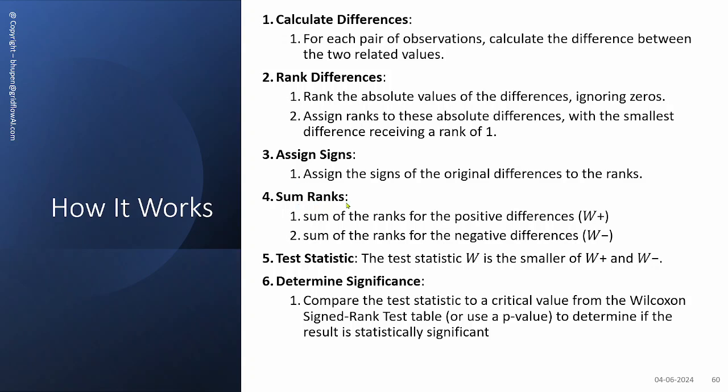This is similar to what we did in the Mann-Whitney. So we take the sum of the ranks for positive differences and the sum of the ranks for negative differences, plus and minus. The test statistic is going to be the smaller of the two. Again, the reason we look at the smaller is that we are looking for the extreme.